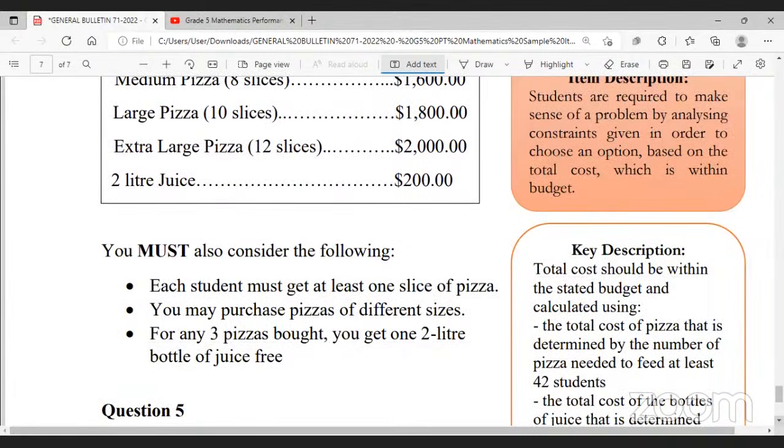You must consider the following. Each student must get at least one slice of pizza. You may purchase pizzas of different sizes. For any 3 pizzas bought, you get 1 2-liter bottle of juice free.